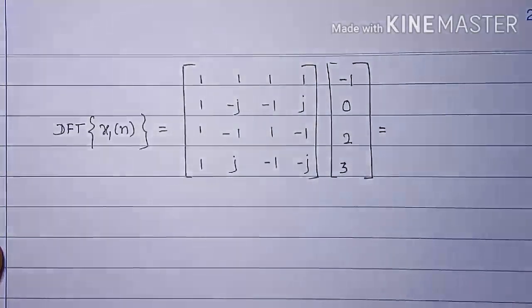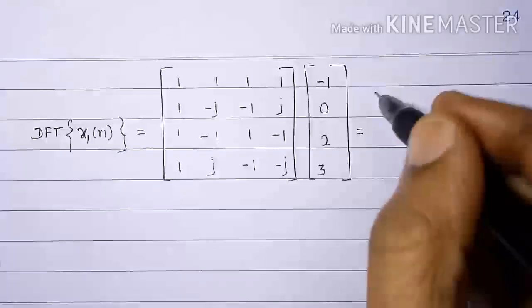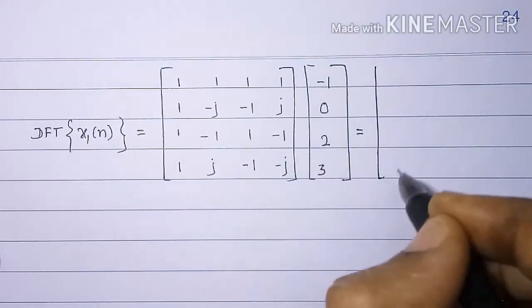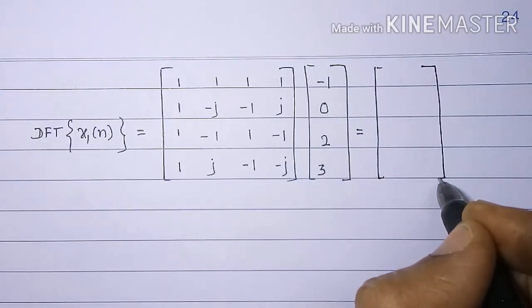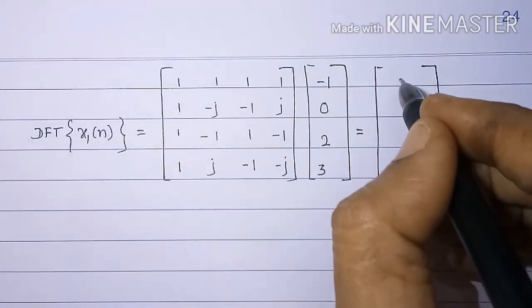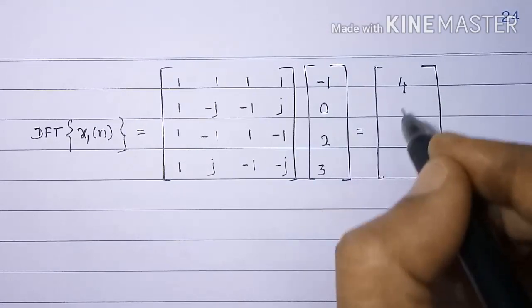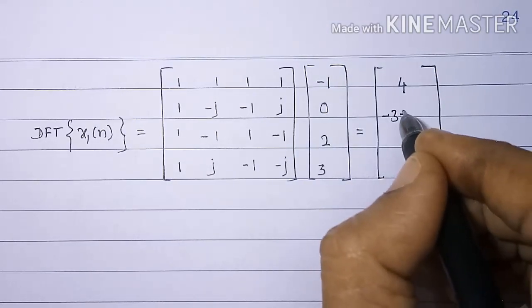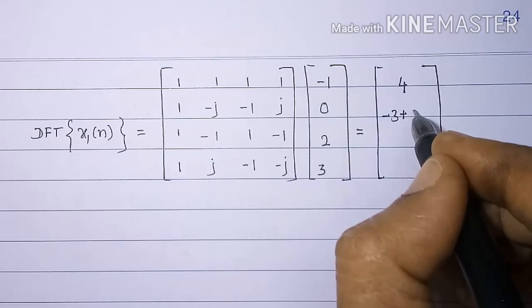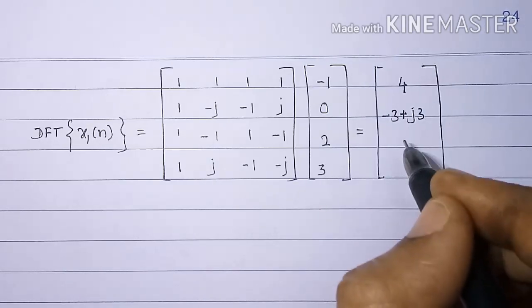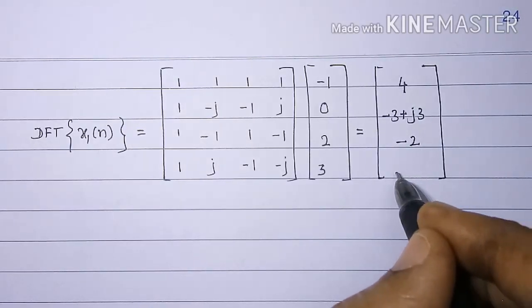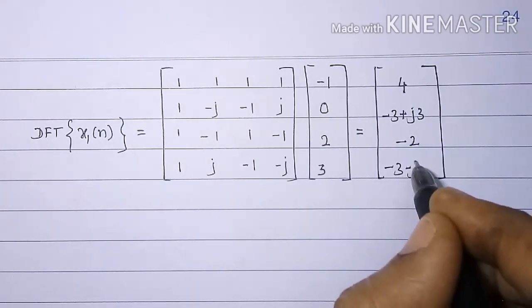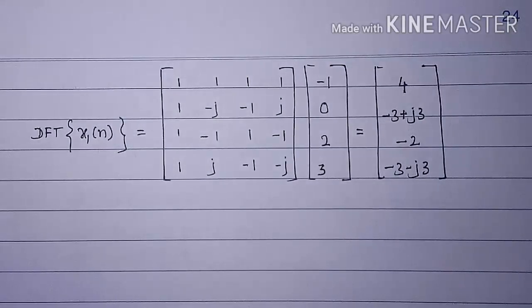The product of these two matrices is equal to 4, minus 3 plus j3, minus 2, minus 3 minus j3.